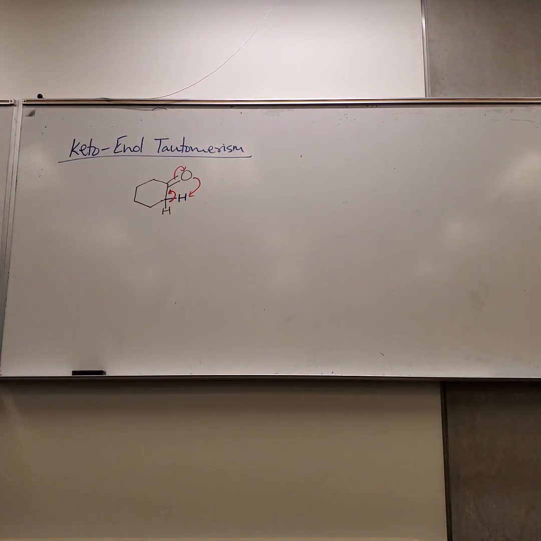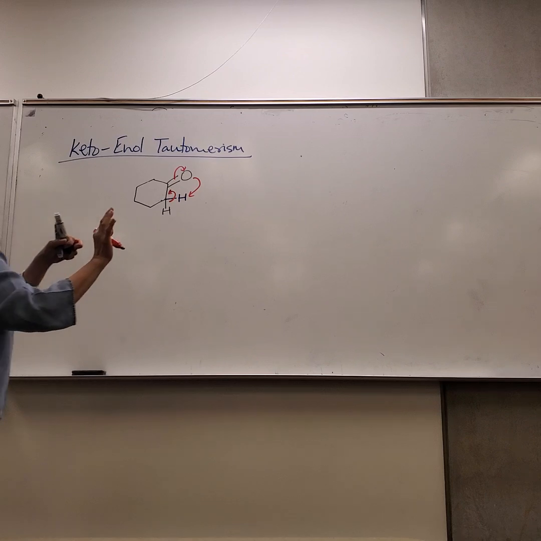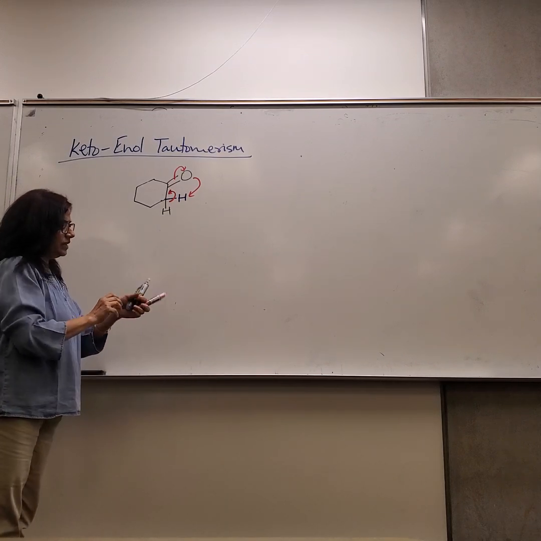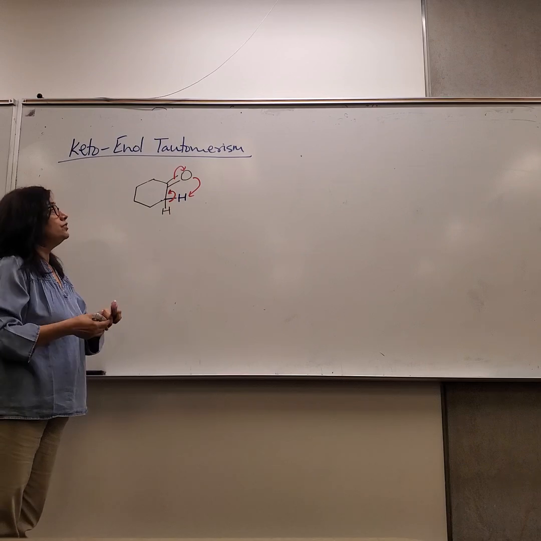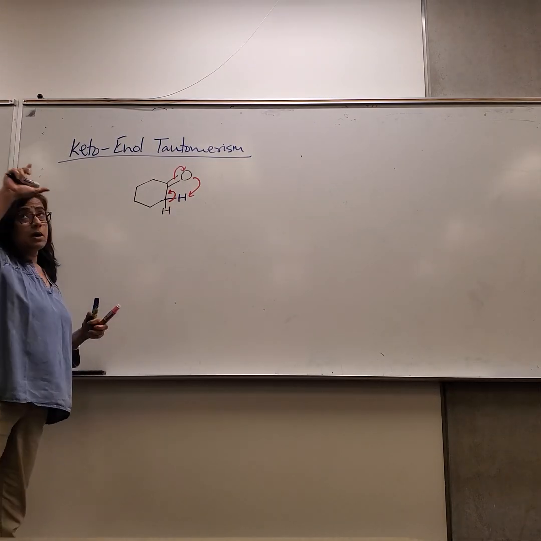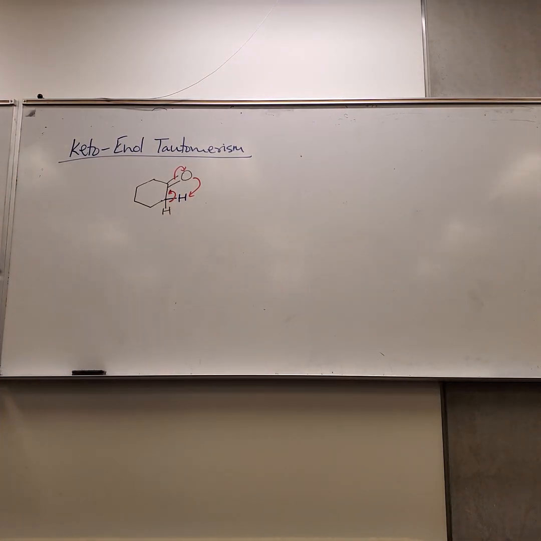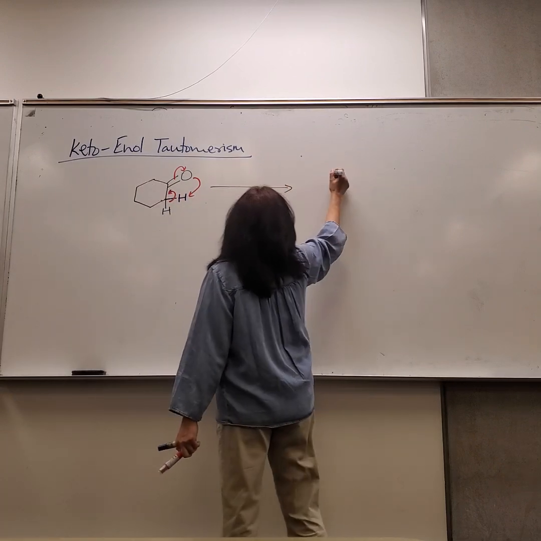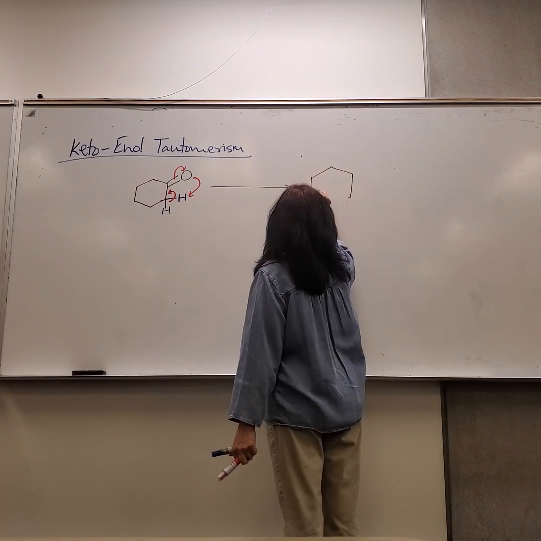Does that make sense, everyone, in terms of what is moving where? So one of the H's from the alpha carbon moves to the oxygen, and the pi bond shifts. What is the enol form for this ketone?